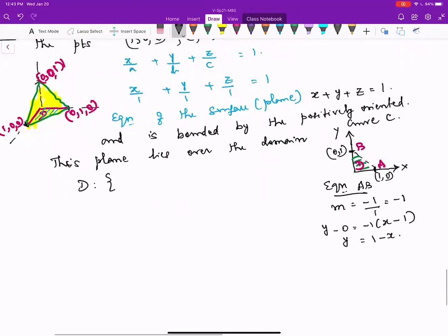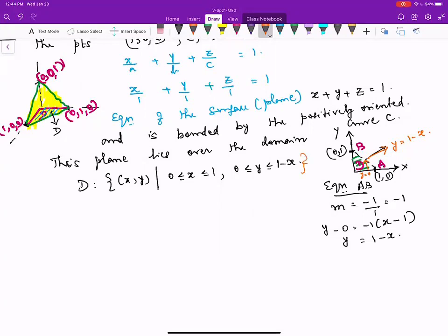So the domain D is all (x, y) such that 0 ≤ x ≤ 1 and 0 ≤ y ≤ 1 minus x. The equation of this line is y equals 1 minus x, so y runs from 0 to 1 minus x.